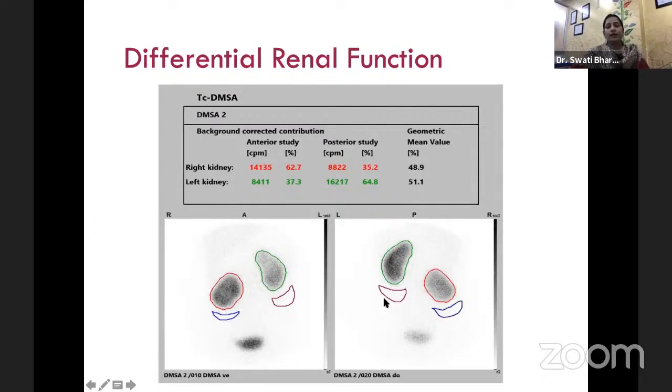In anterior and posterior views, the radioactive counts are estimated from both kidneys, and a geometric mean value is determined, which gives us the differential function of each kidney. In this case, the right kidney has a function of 48.9% and the left kidney 51%, which is normal. Even in normal health, function is not exactly 50-50.